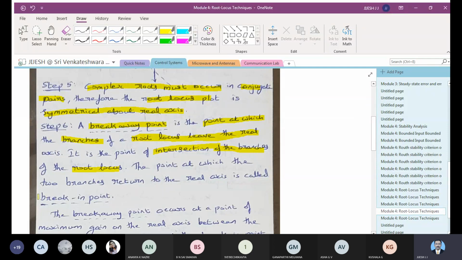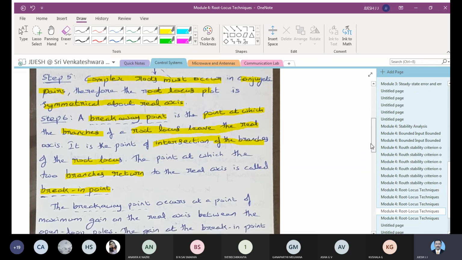That is the difference between the breakaway point and the break-in point. We'll be doing some problems based on this, where we'll understand more about the breakaway point and break-in point.